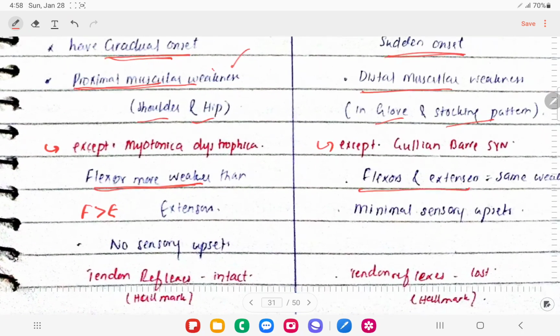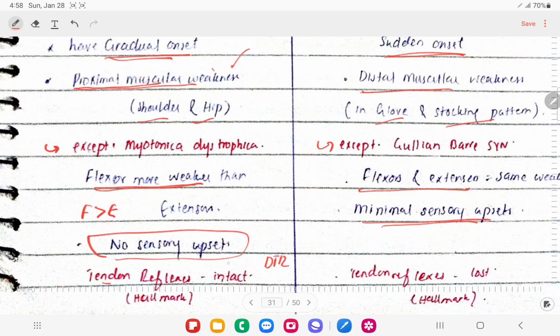We're not going to see any sensory upsets in myopathy, while we can see sensory upsets in neuropathy. And the very hallmark feature to differentiate between myopathy and neuropathy is the reflexes, the DTR, deep tendon reflexes.